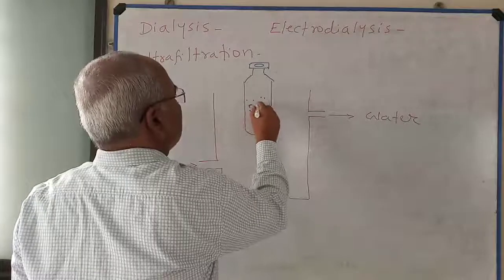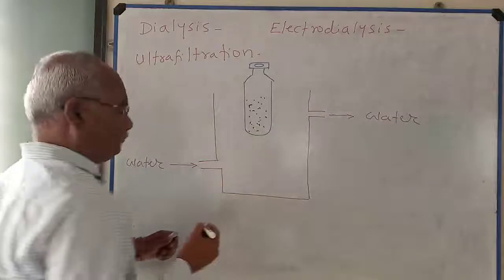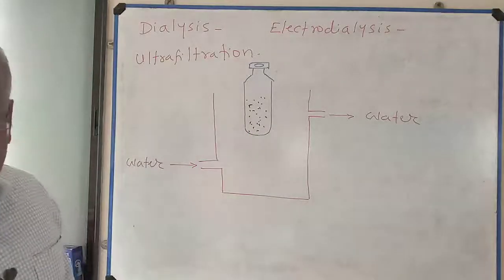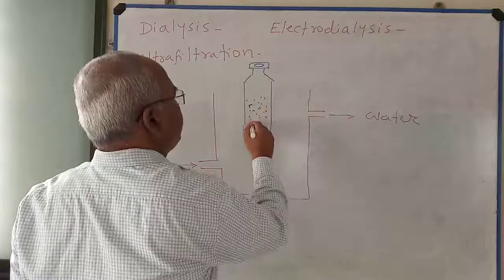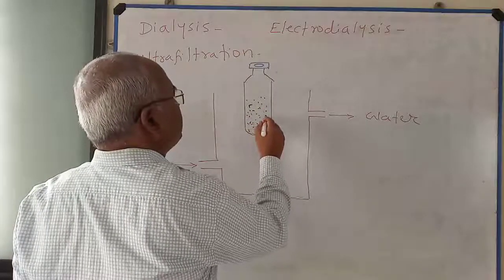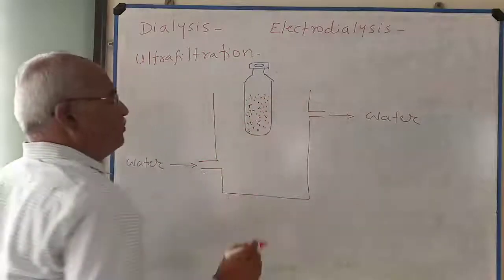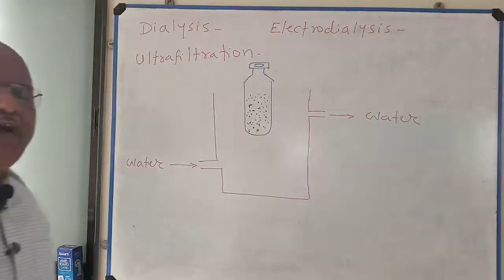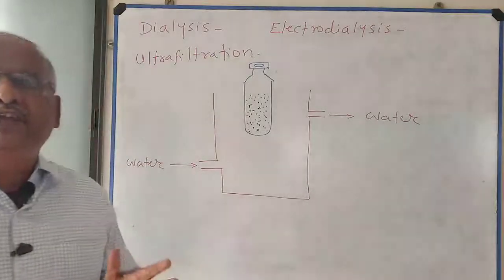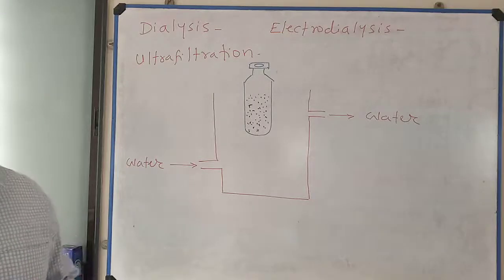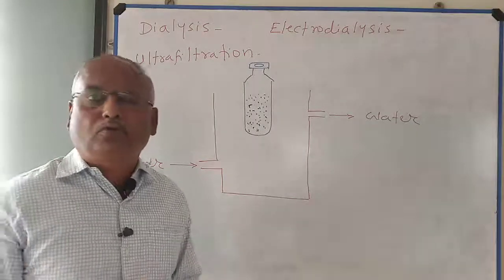These are colloidal particles. The impurities present in this solution are represented by red colored particles. These are impurities. So we want to purify colloid. I told you colloids contain some soluble impurities as well as electrolyte.